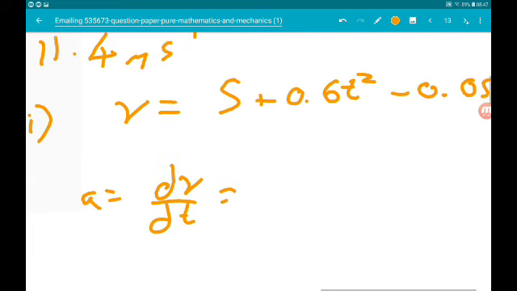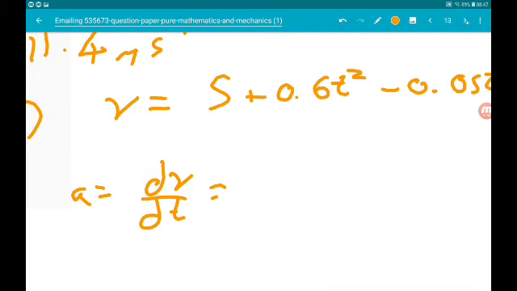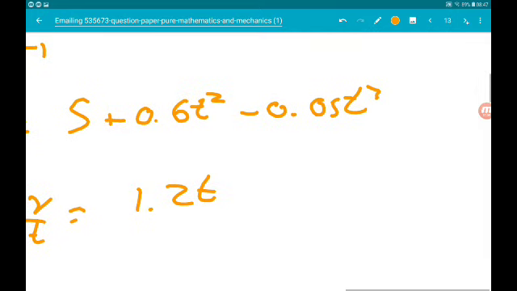So this is going to give us 1.2 t minus 0.15 t squared.